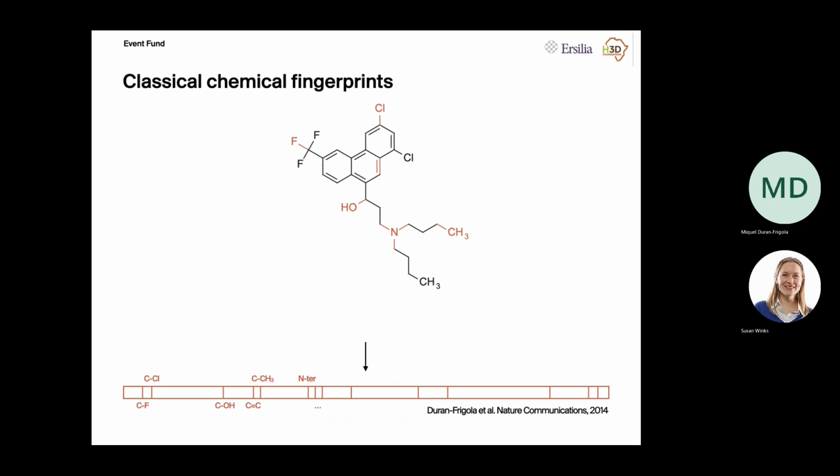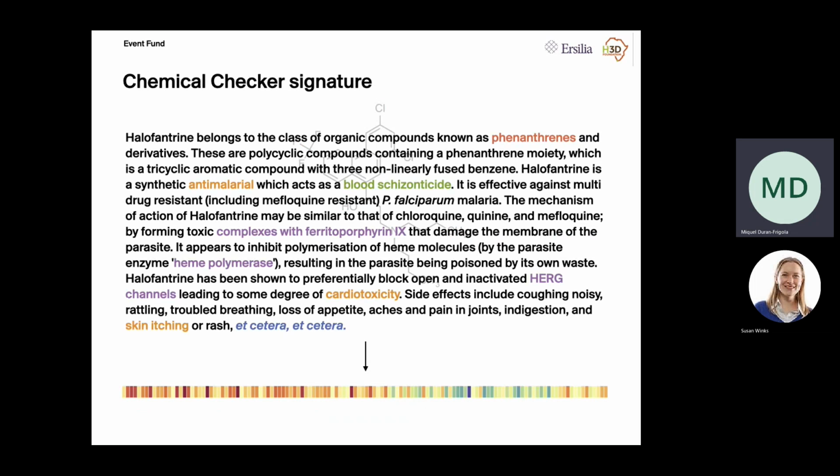All right. So let me continue. I was saying we know much more about many molecules than just the chemical structure. And actually, at some point in my career, I wondered whether it would be possible, by using machine learning, to capture all of this information into a format that is similar to what we have been using forever for describing small molecules, right?